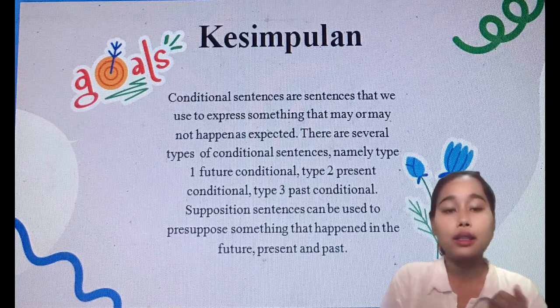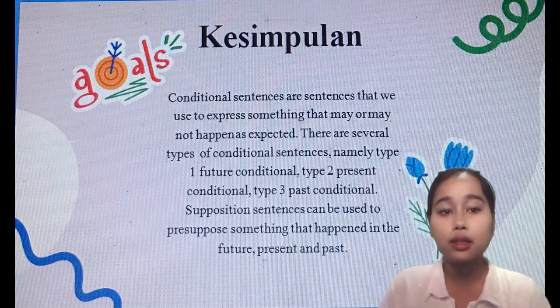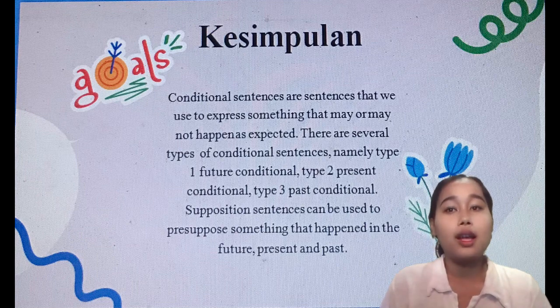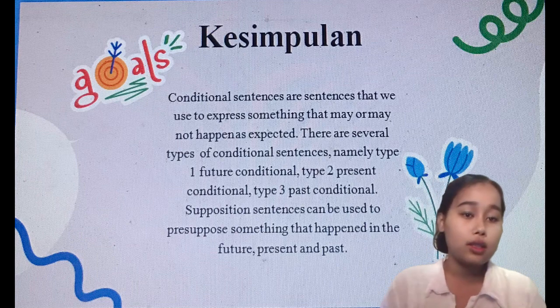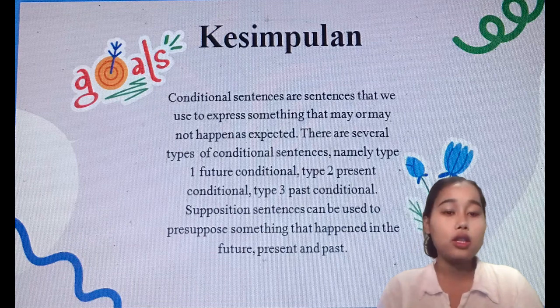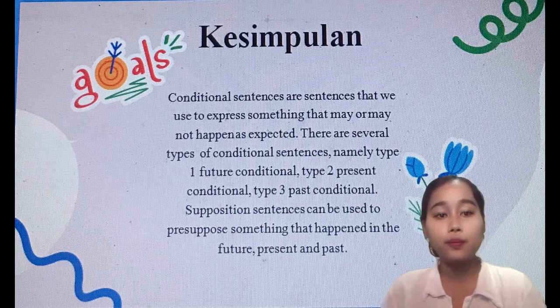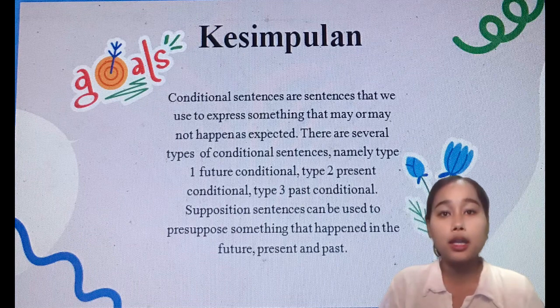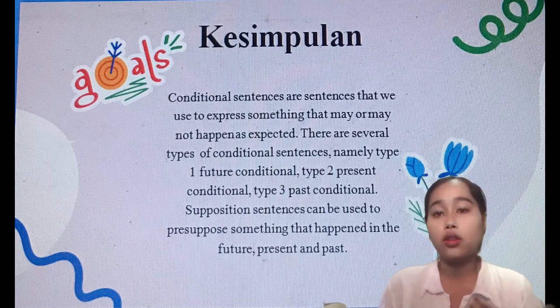So I think that is all my explanation about the conditional sentence. So last is the summary of this conditional sentence. Conditional sentences are sentences that we use to express something that may or may not happen.